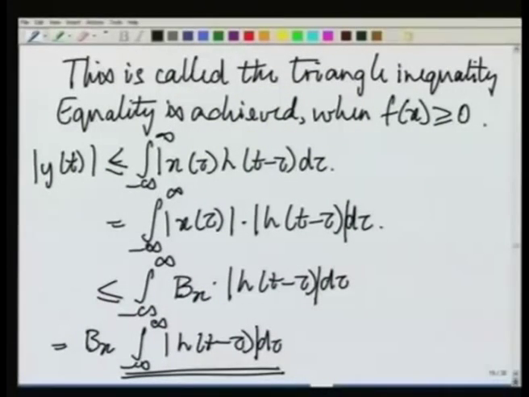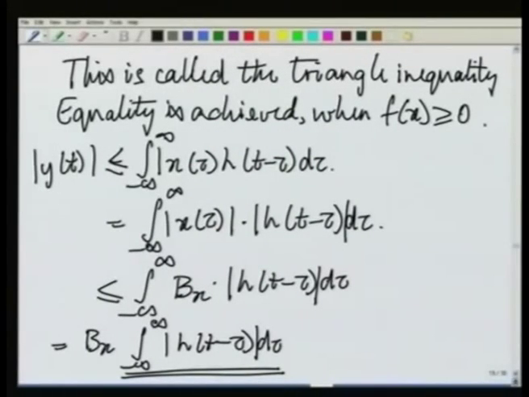And now, let us understand the significance of this integral. This integral is nothing but a time shifted version of h(t). If you have h(t) and it has an area under it, then h(t minus tau) will also have the same area. By the same logic, if the absolute value of h(t) has a certain area, then the shifted version of h(t), that is h(t minus tau), will also have the same area.